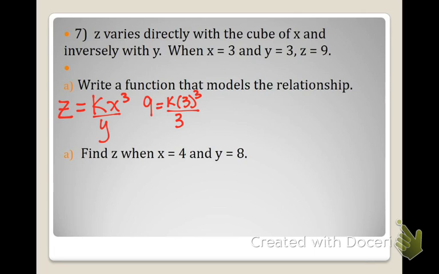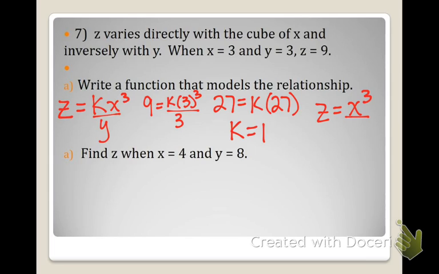Multiply the 3 over: 27 equals, cube the 3, we get 27 again. So that's how we got the k to equal 1. So when we write our function, z equals, if you want to write the 1, you can, but you don't really have to. x cubed divided by y is fine. If you want the 1 in front of your x cubed, put it there. If not, don't worry about it.